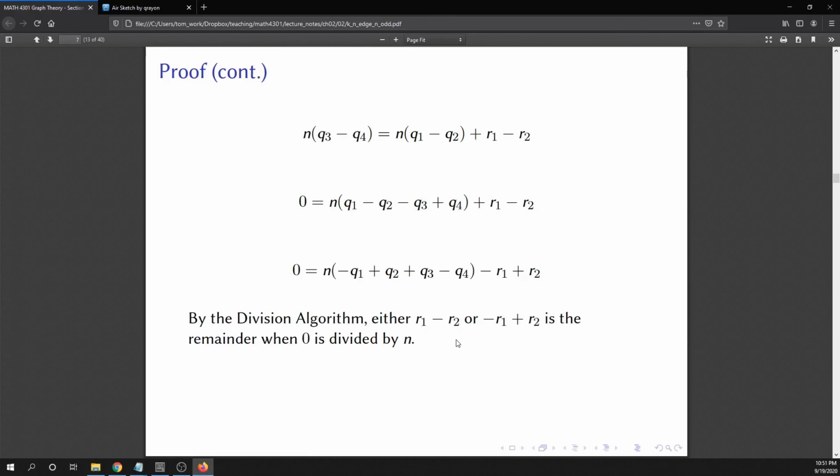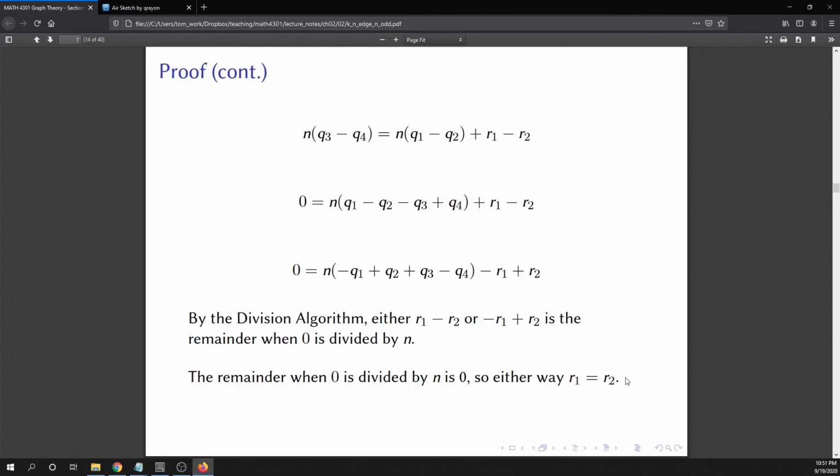But what is the remainder when you divide 0 by n? Well, n, whatever it is, goes into 0 times with 0 left over, right? So the remainder is 0. So either r1 minus r2 is 0 or minus r1 plus r2 is 0. But either way, that implies that r1 equals r2.